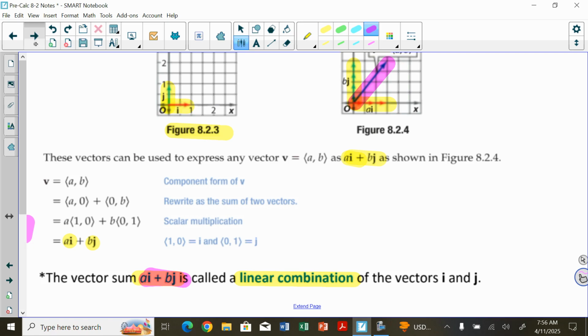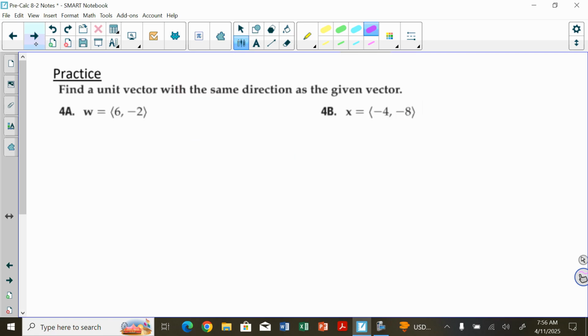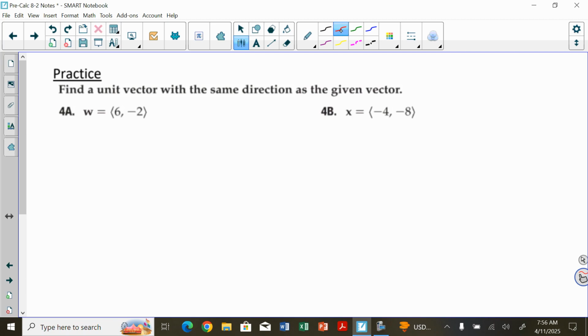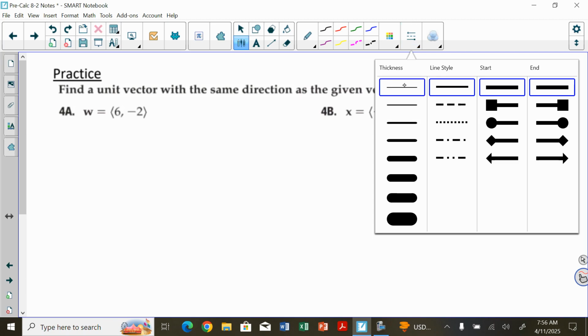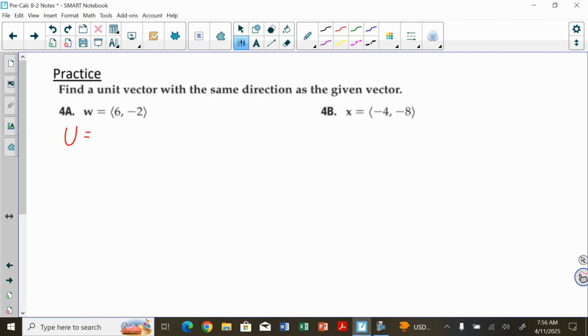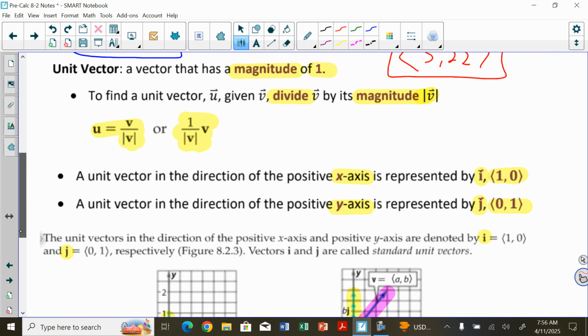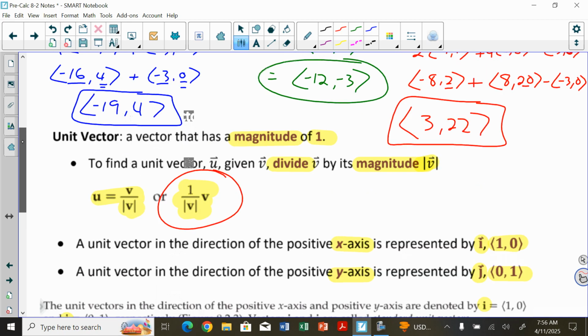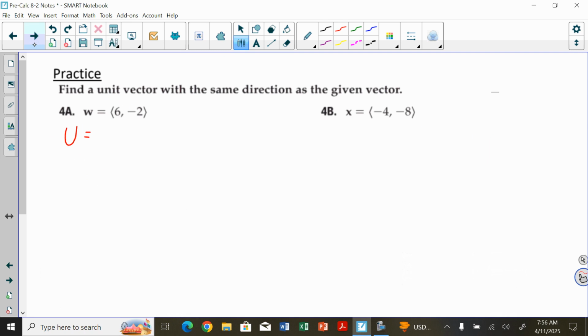So let's first find the unit vector with the same direction as the given vector. All right, so we want a unit vector. What we're going to do here is take our u, and I like to use this equation that we got from back here, because it's just easier to work through as we multiply it later. So I'm going to go 1 times the magnitude of v times v.